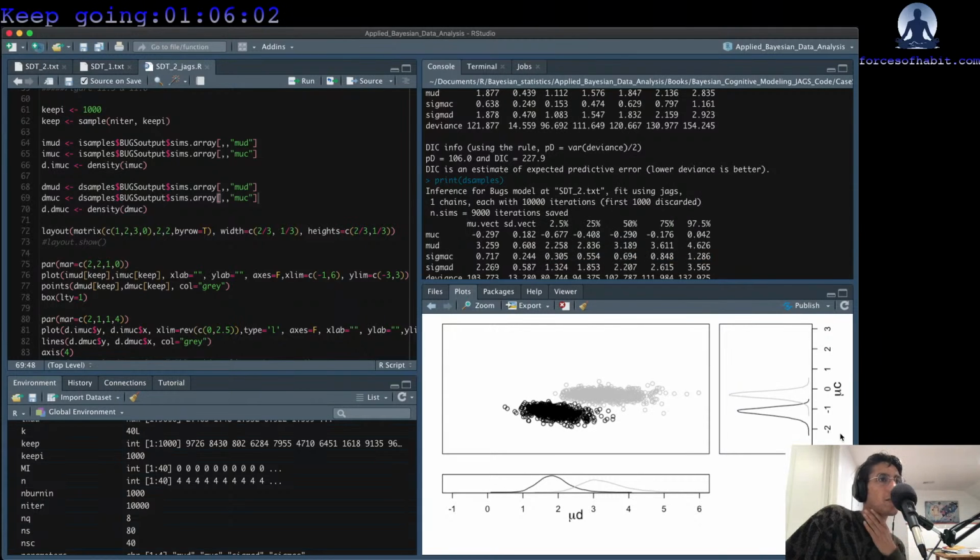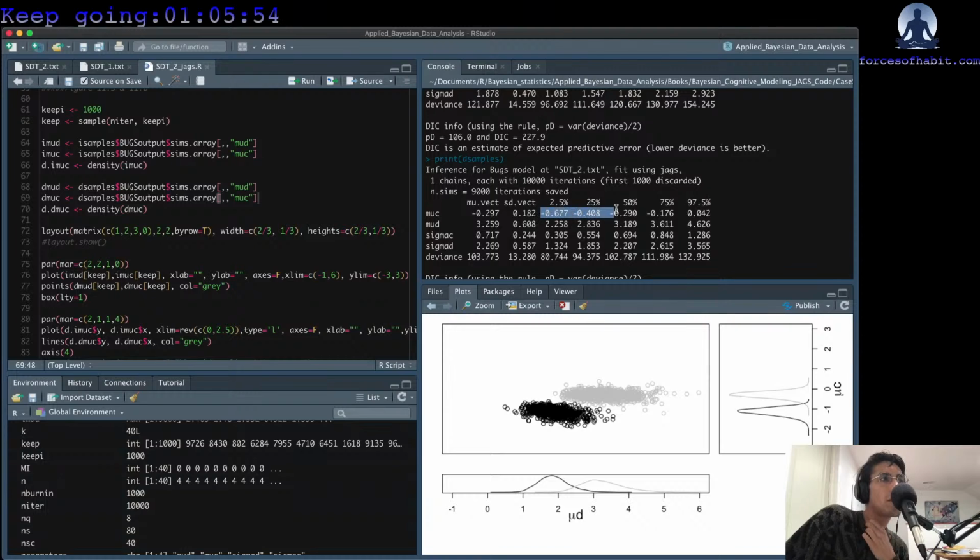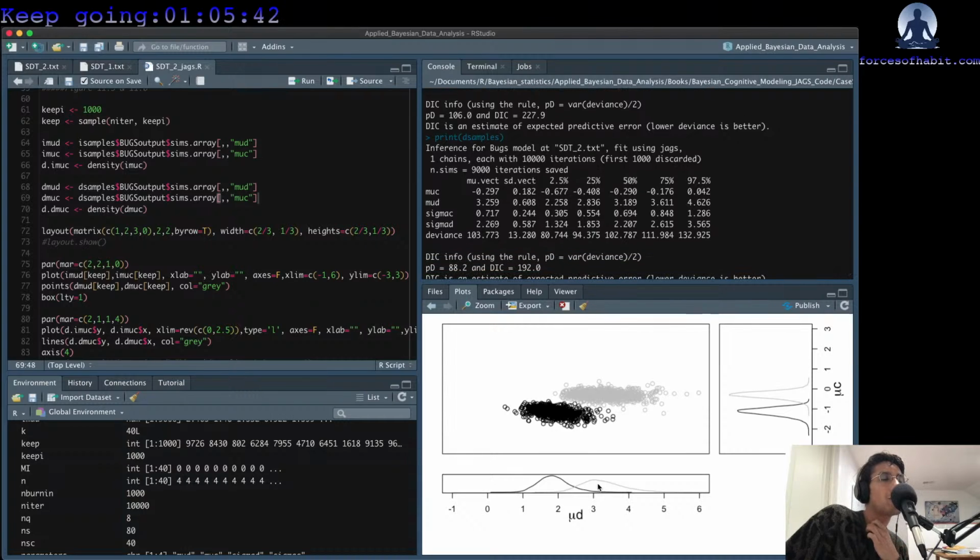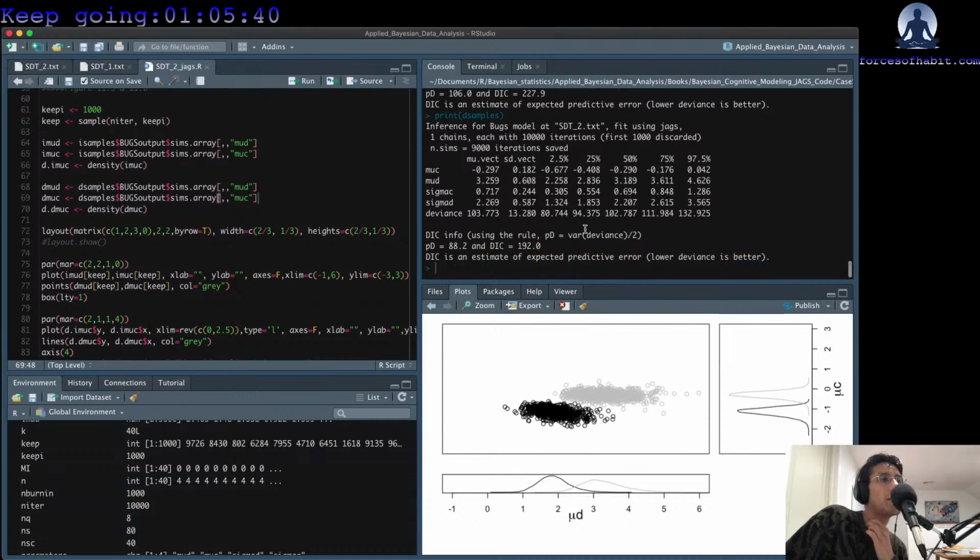Oh, I'm looking at the wrong thing. This is mu. This is the distribution of the average bias, which here indicates that within the 80% credible interval, there's a probability of there being 0 bias. And part of that tells me why the distribution for the discriminability is so large.